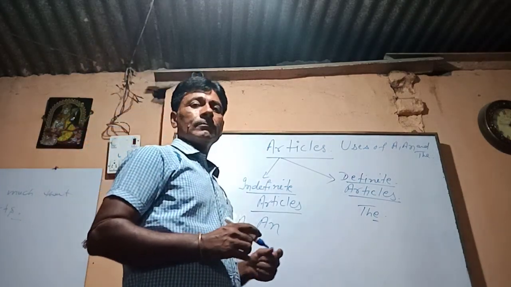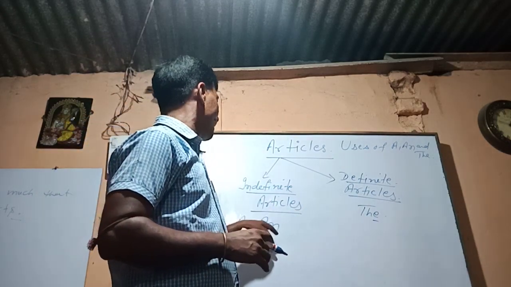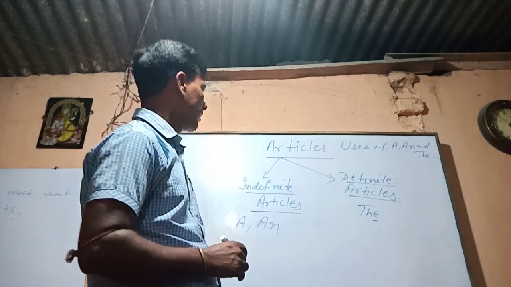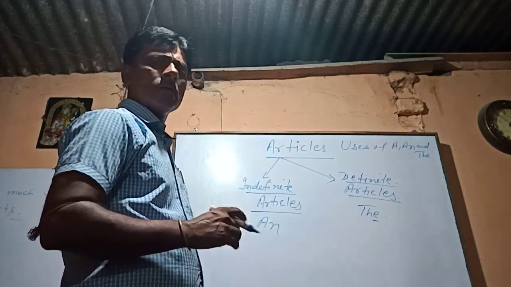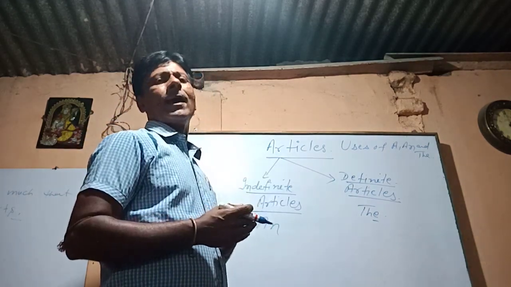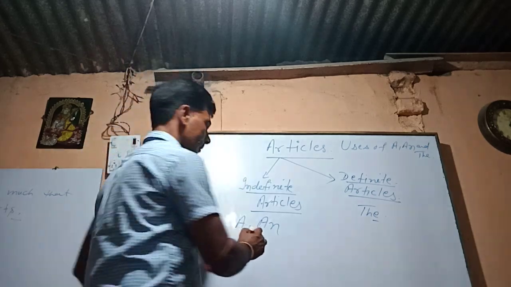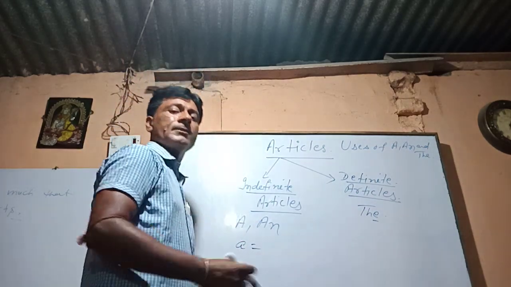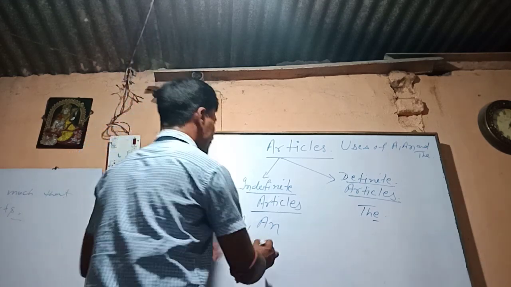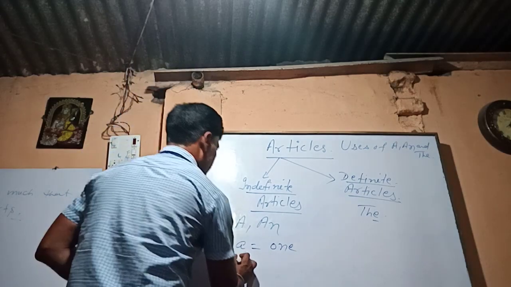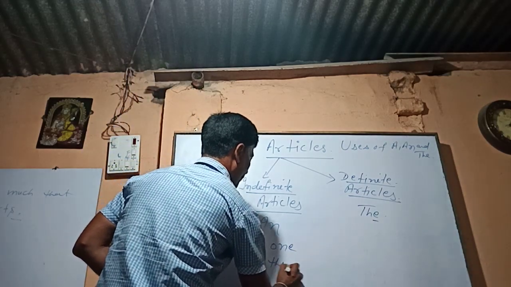First of all, we'll learn about uses of A or an. I would like to give you some meanings of A or an. First of all, A has different meanings. A means one. A means the same.